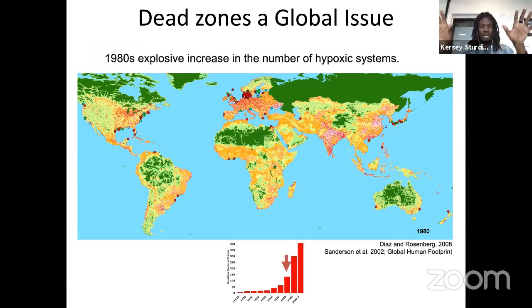However, just 20 years later, in the late 1900s, starting to get close to the 21st century, the number of systems and areas reporting dead zones begin to have a more global inclusion. And the picture becomes a bit more clear as the spatial relationship begins to emerge between where these dead zones are occurring and where humans are at their largest numbers.